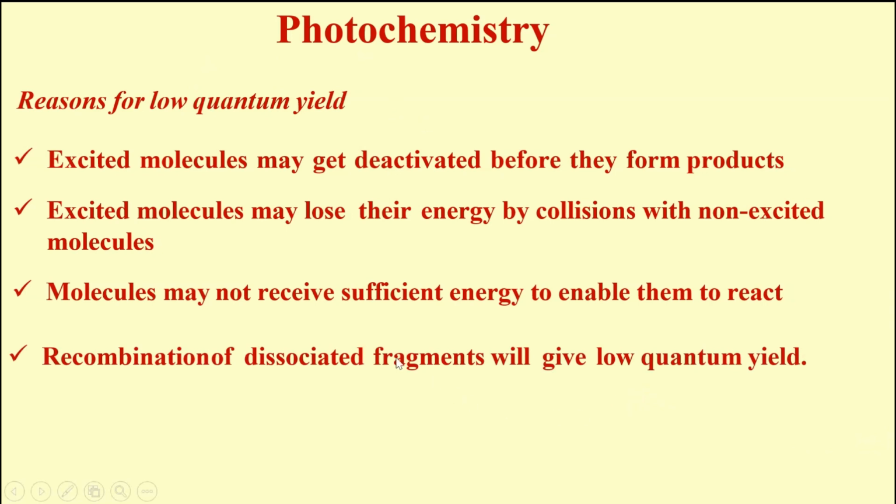And the excited molecules recombine and give rise to a lesser yield. These are the few factors which affect the quantum yield in the photochemical reaction. That's why psi, the quantum yield or quantum efficiency, is a small integer.